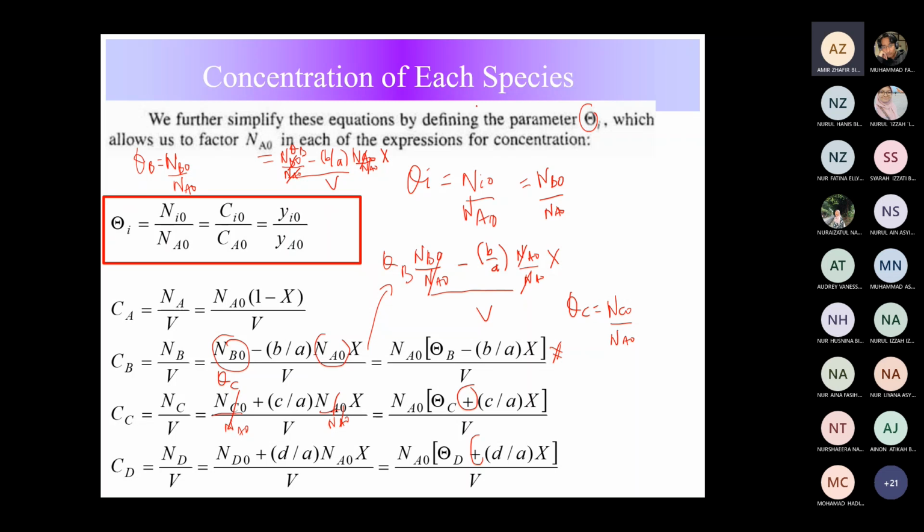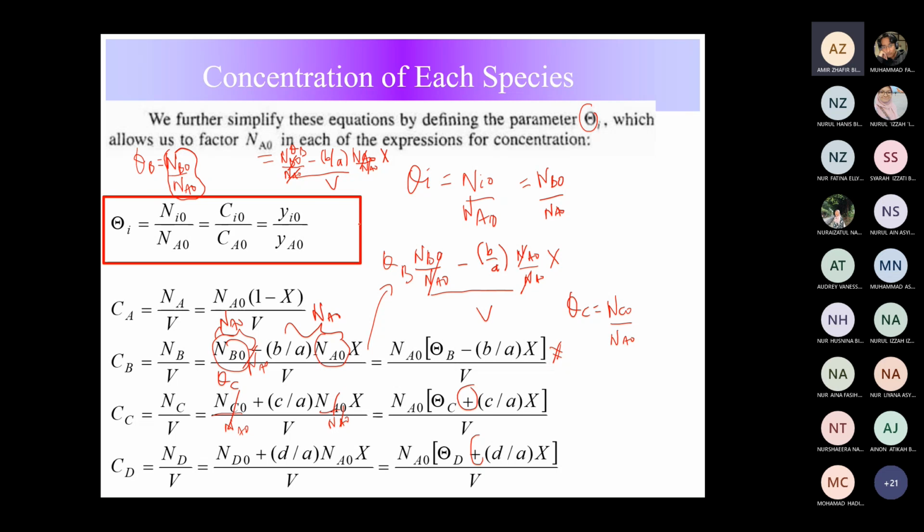Oh, sebab saya dah bahagikan ni dengan NA naught. Saya dah bahagikan yang ni dengan NA naught, yang ni pun saya bahagikan NA naught. Okey, sebab nak jadikan theta B, dia kena equation macam ni. Oh, okey, maksudnya nak jadi QB tu kena NB naught over NA naught.